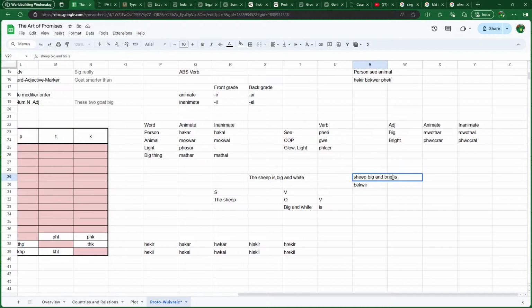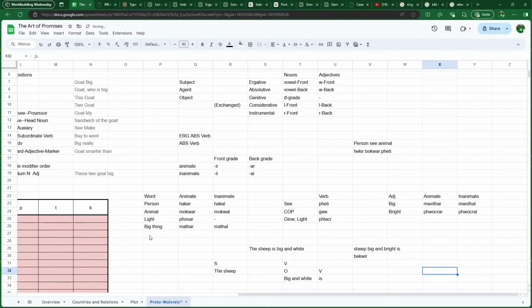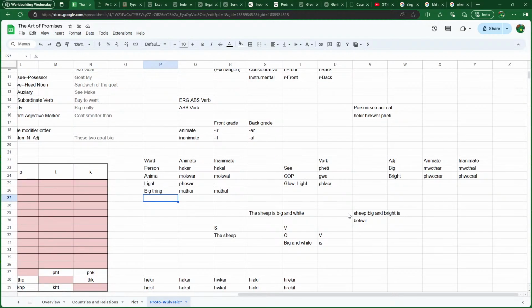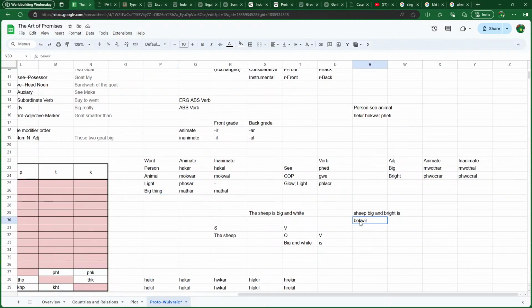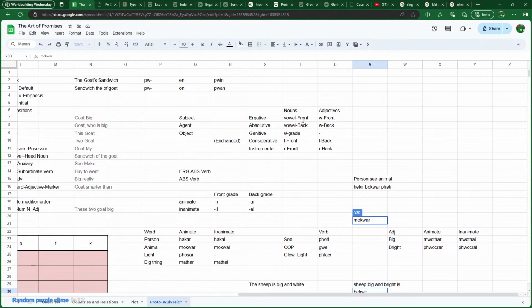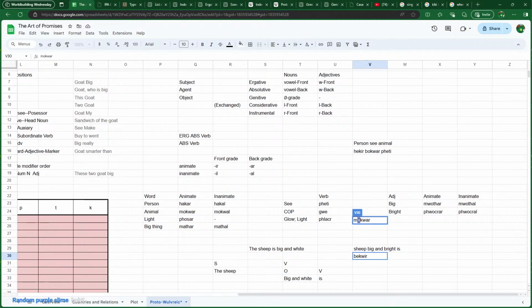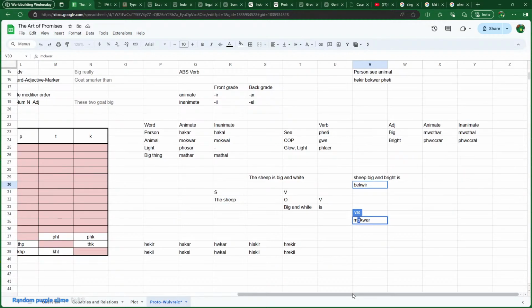So big, and we'll call it bright. Yeah. So now, the sheep, which we're going to use animal, so mokwar. That is the ergative. So mokwar, we need mekwir.